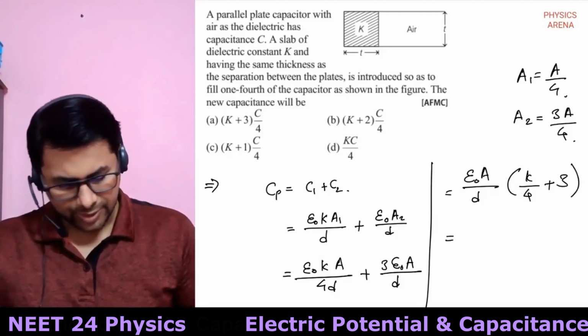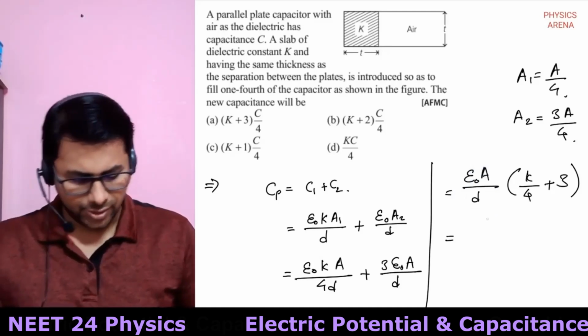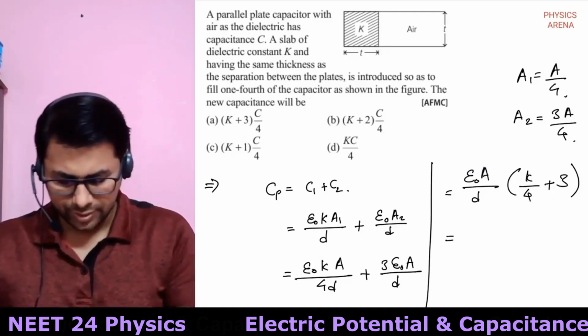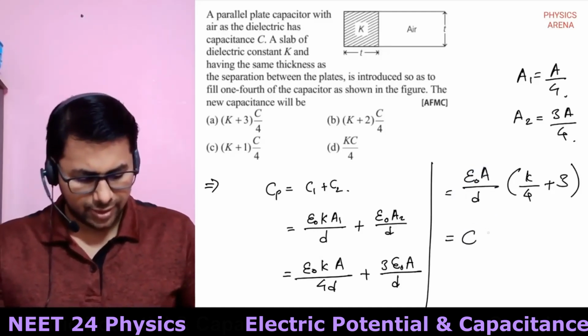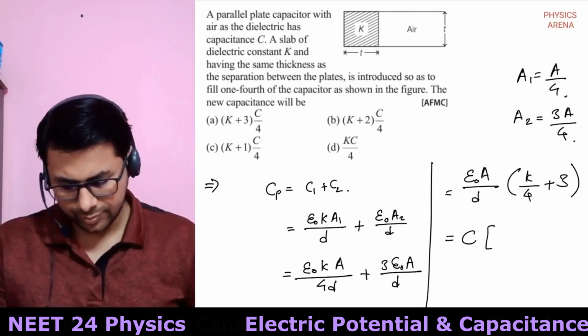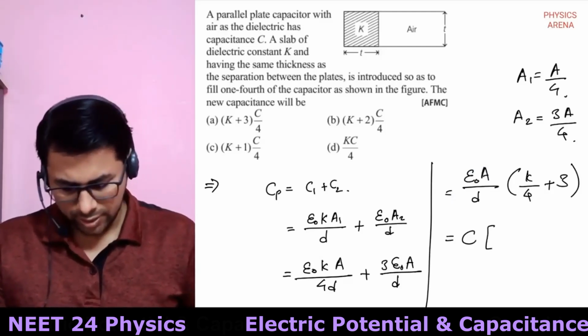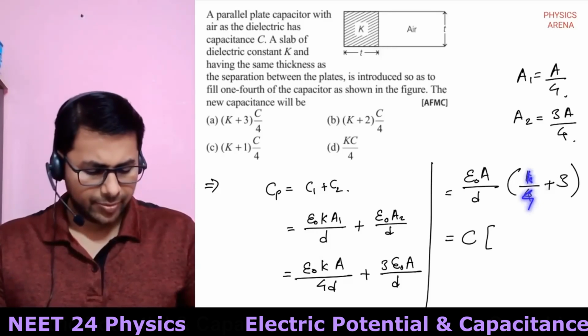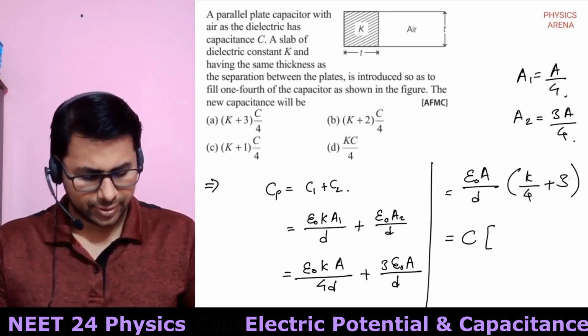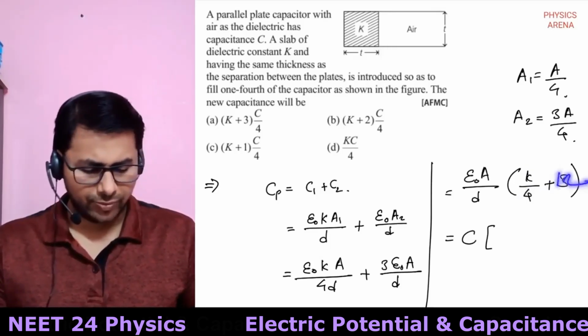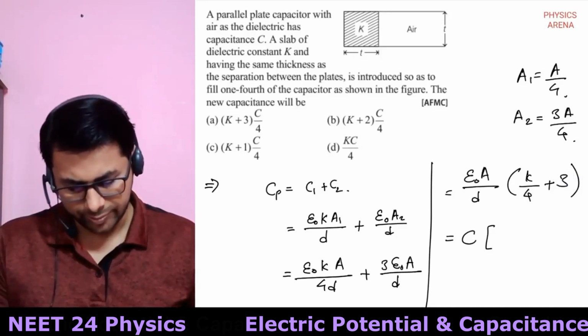This is the original capacitance C, and what will be this thing? It is K plus 3 times 4 is 12. K plus 12.